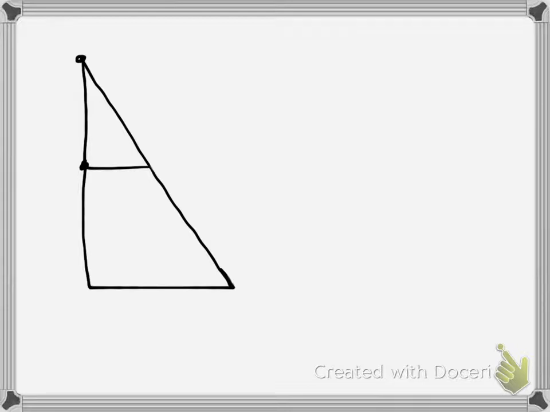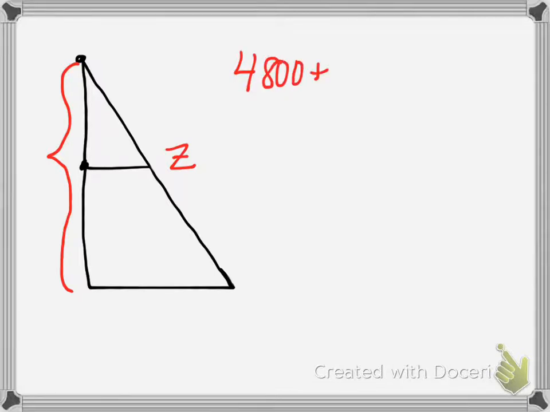Z was the distance between the man and the woman. And then we had discovered that if we added these values, this would be M plus W. So the man's distance plus the woman's distance: 4,800 plus 4,500, 9,300.